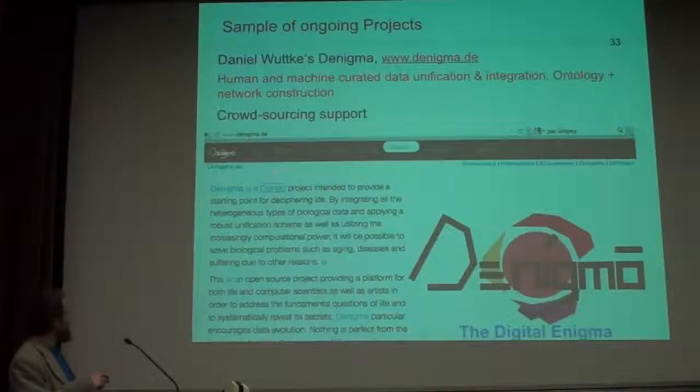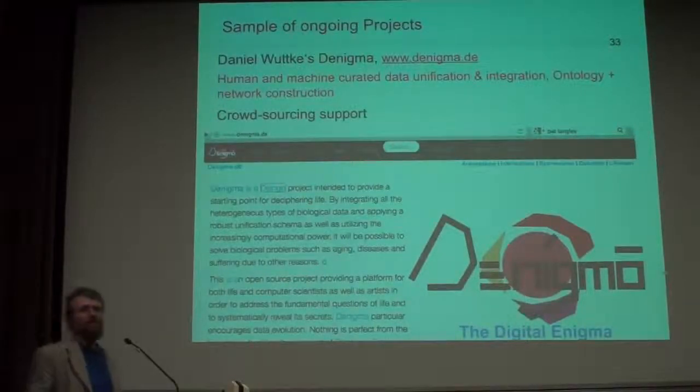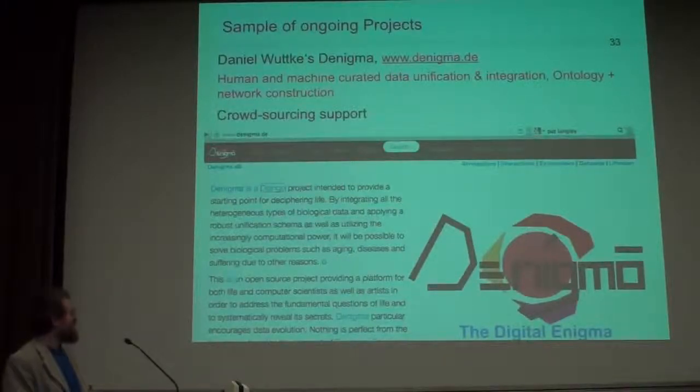This is a project based on the Django software, and this is a starting point for crowdsourcing such a compilation of aging-related knowledge as supported by ontologies, and by human and machine, so using human curation and also machine learning and electronic annotation of data, data unification, integration, and also constructing networks and supporting crowdsourcing.